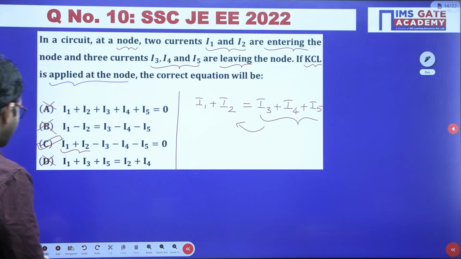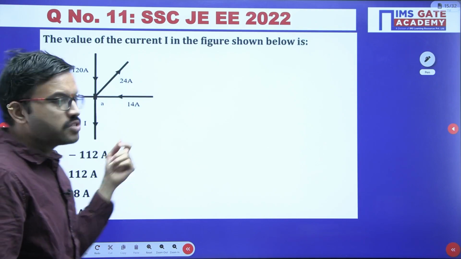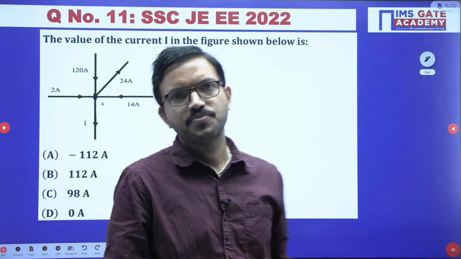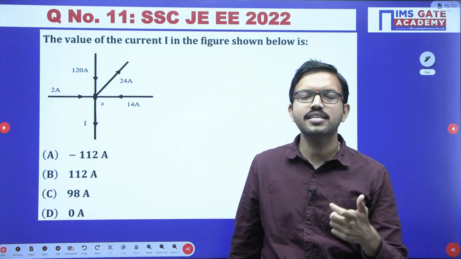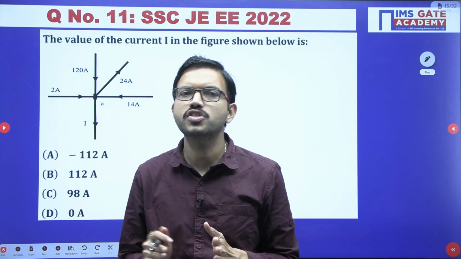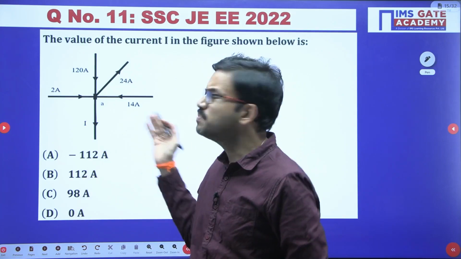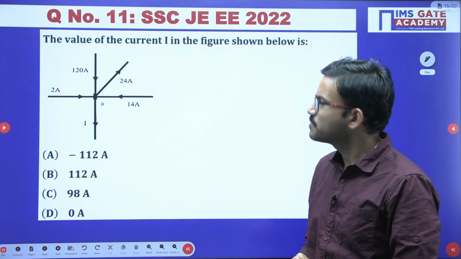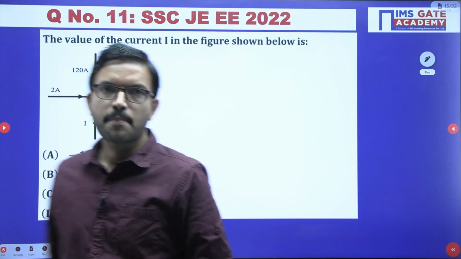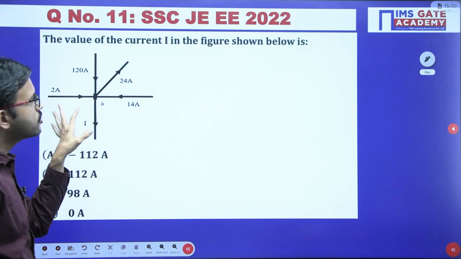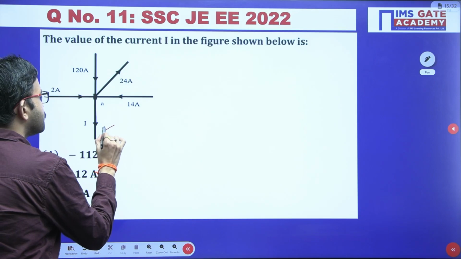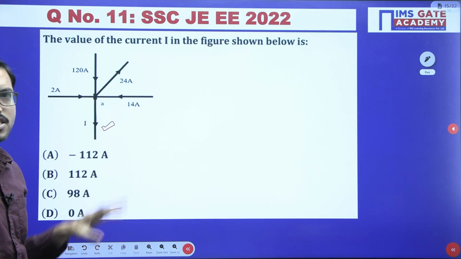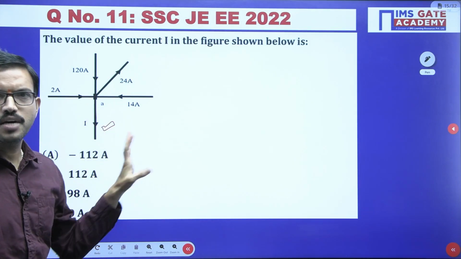Now this is another question based on KCL. In the SSC JE exam, some questions are directly theoretical, and some are based on simple calculations with respect to a circuit. In this question, you have to apply KCL and calculate the current I. Whatever we just discussed about KCL, you can apply here.